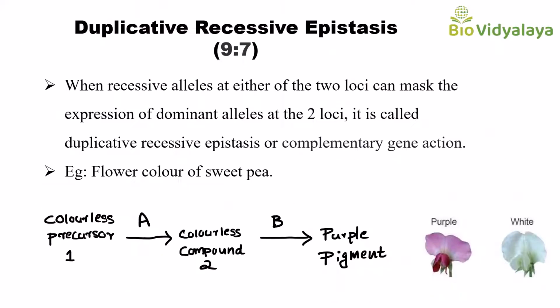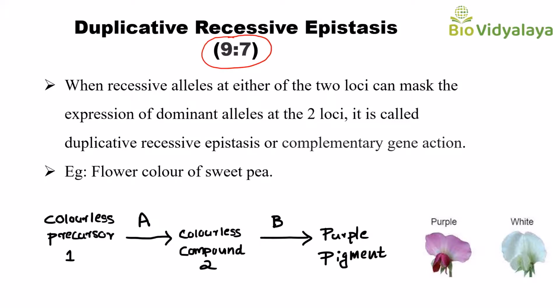So next, duplicate recessive epistasis. The ratio is 9:7. All the ratios are very important. You have to remember this. When a recessive allele at either of the two loci can mask the expression of dominant alleles at the two loci, it is called duplicate recessive epistasis or complementary gene action.